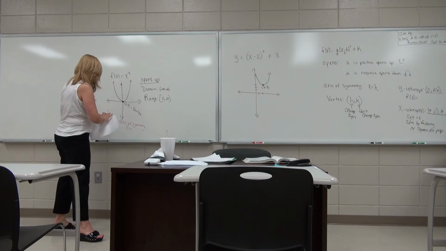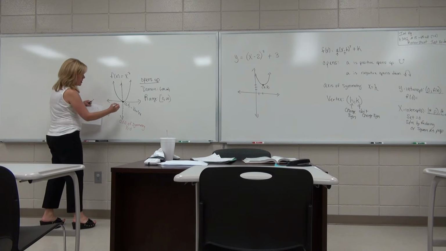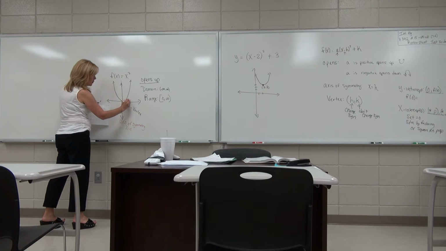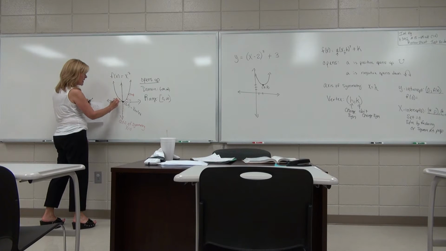And doing this about the axis of symmetry, to make sure you're with me there. You agree 0, 0. But if I put in 1, what's 1 squared? 1, so I got the point 1, 1. And if I put in 2, I would have up here the point 2, 4. You agree? But if I put in over here negative 1, what's negative 1 squared? 1. And if I put in here negative 2, what's negative 2 squared? 4.